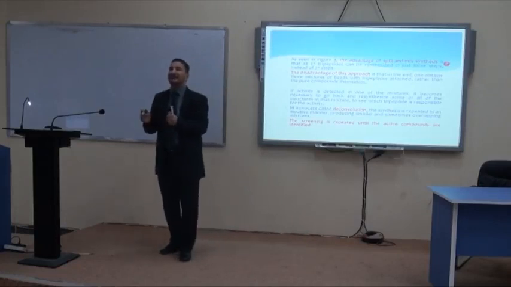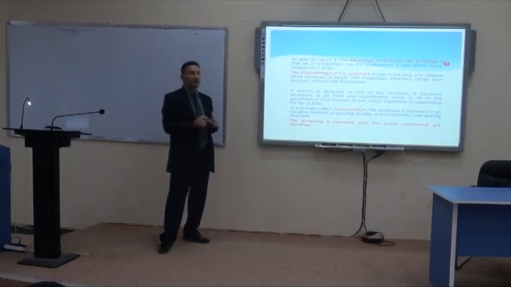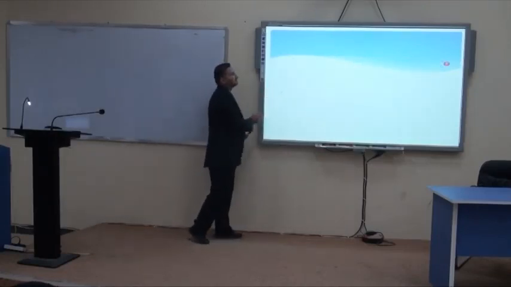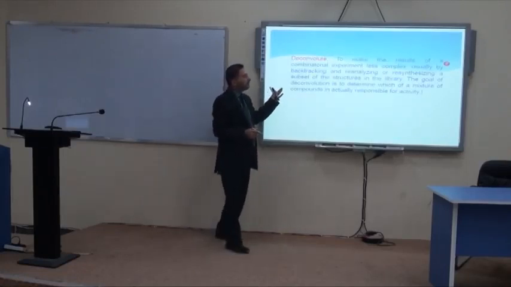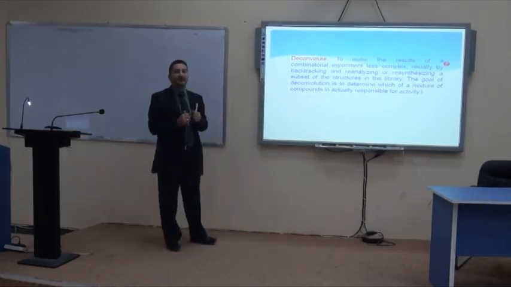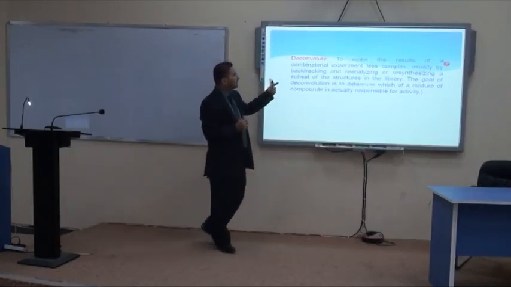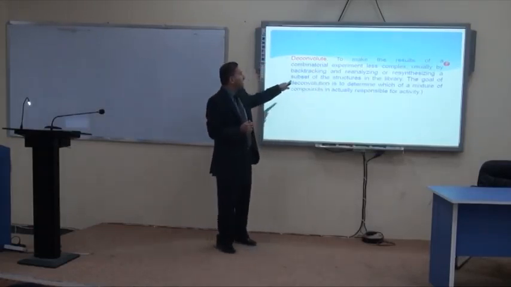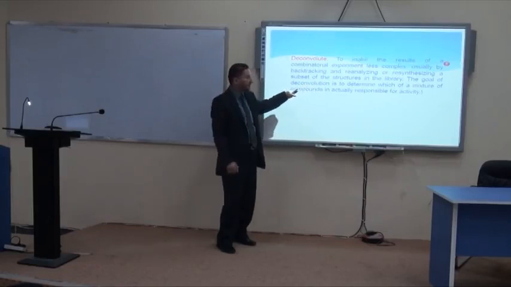Not necessarily the last step is the active compound between two brackets. Okay. Deconvolute to make the result of combinatorial experiment less complex, usually by backtracking and reanalyzing or resynthesizing a subset of structure in the library, step by step, as we say.